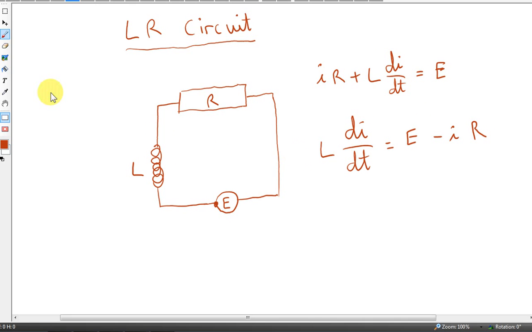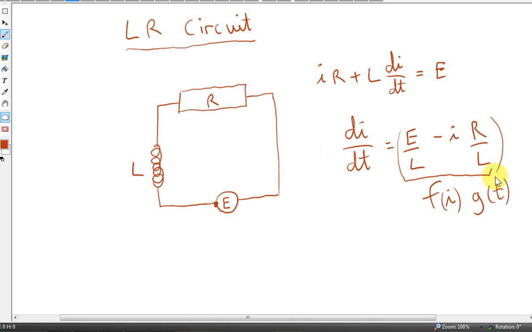Next, we will divide both sides by L. So we can see that the right hand side can be written as a function of I times a function of t. Well, the function of t is just 1 here. E, L and R are just constants, so this is our function of I. And our function of t is just 1.